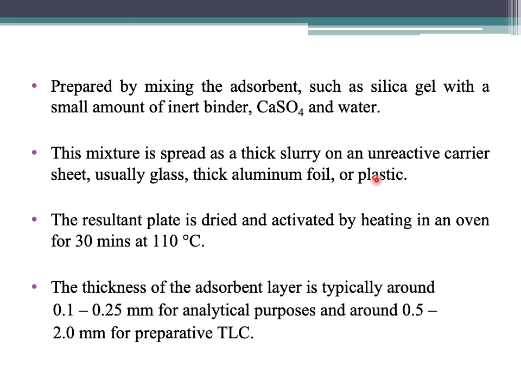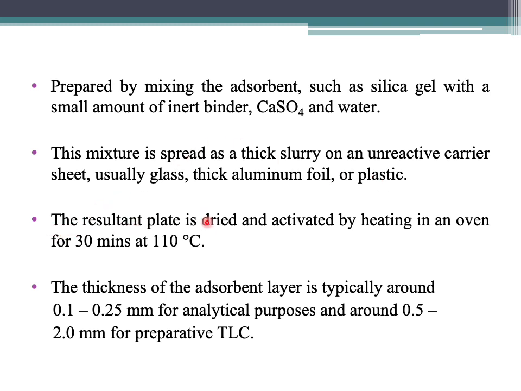So lepas kita buat absorbent tu, okay, kita spreadkan dia. Kita spread macam kita buat roti spread tu. Kita spreadkan dia atas permukaan glass atau plastik ataupun aluminium foil. Okay, untuk kita jadikan dia sebagai solid. Okay, thin layer. This thin layer boleh kita masukkan dalam mobile phase.